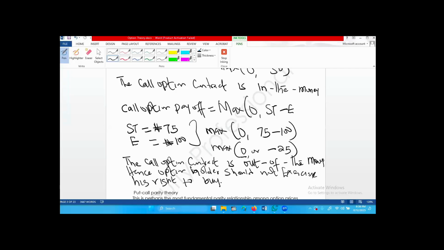I was thinking the exercise price is 75. Did you change it? No. The exercise price is 100 naira. At maturity, First Bank shares are trading for 75 naira.